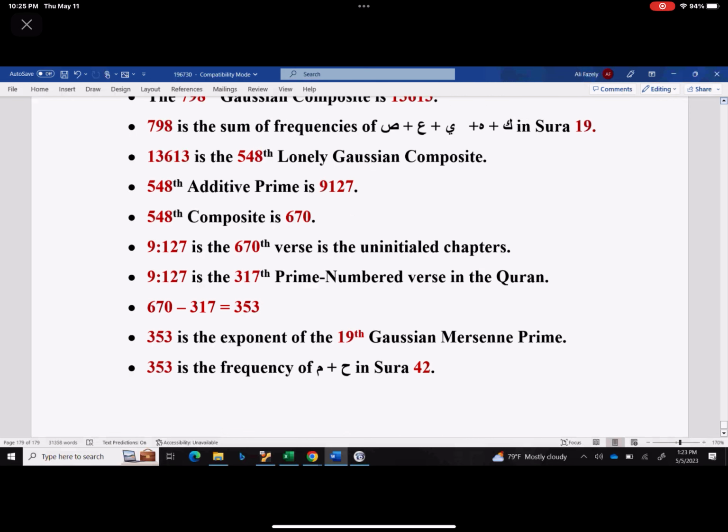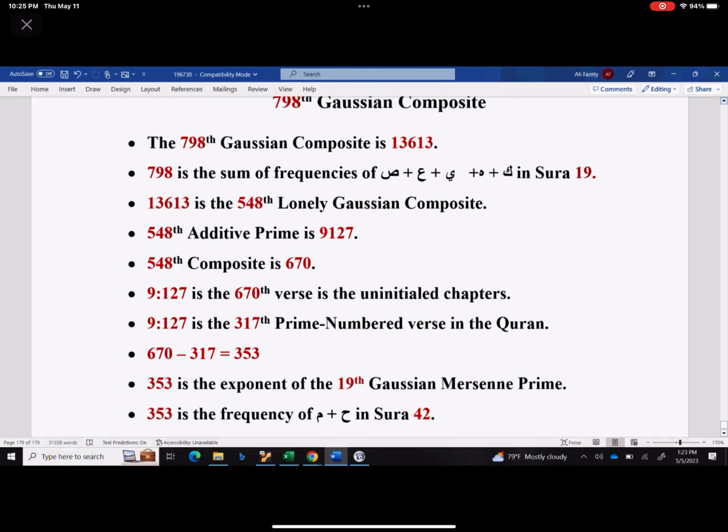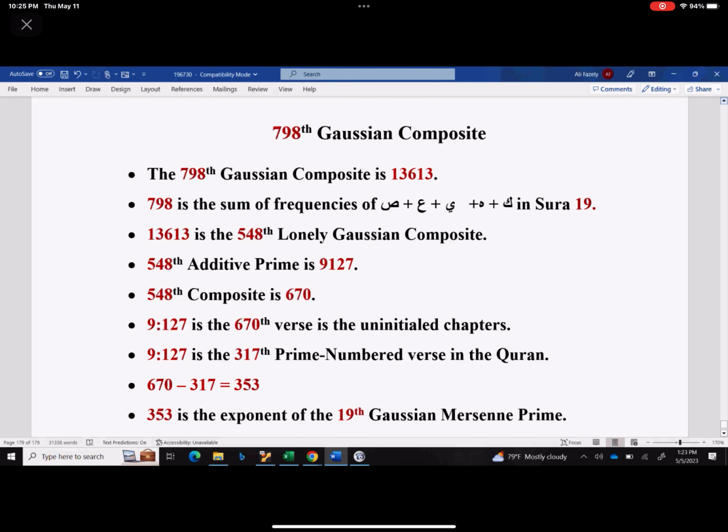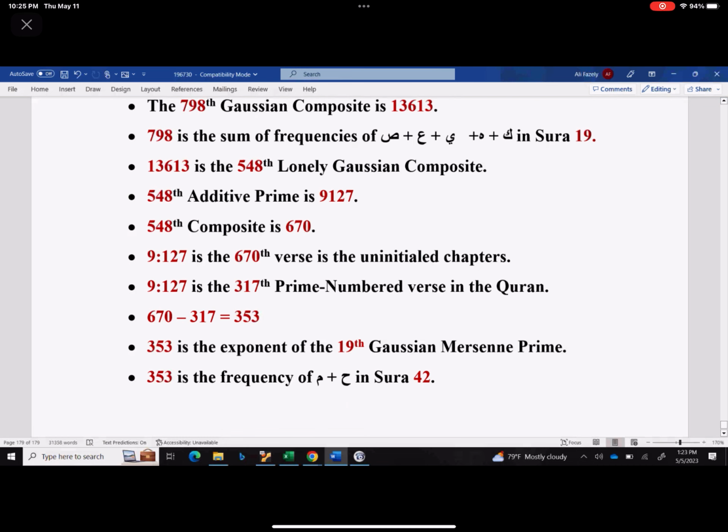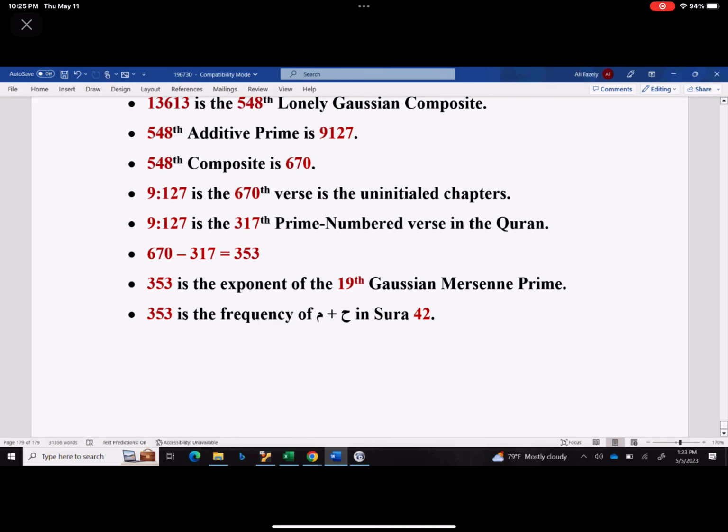Remember now, 798 is 19 times 42. So we started with 798, the number of initials in chapter 19, and we ended up with the number of initials in chapter 42 by the mathematical force of these numbers. 42 times 19 also gives you 798.